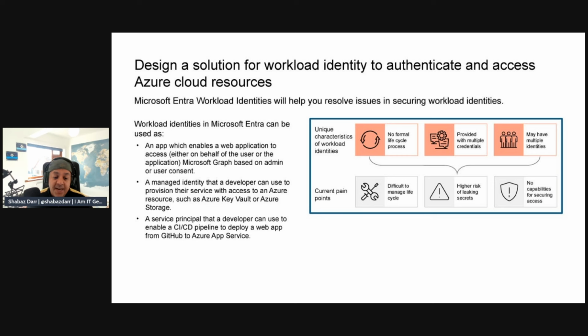Then we have what we call a managed identity. This is used by a developer to provision their service with access to Azure resources, such as Azure Key Vault or Azure Storage. Then there's a service principal, used by a developer to enable CI/CD pipelines to deploy web apps from maybe GitHub or Azure App Service. So these are the different identities that we're talking about.